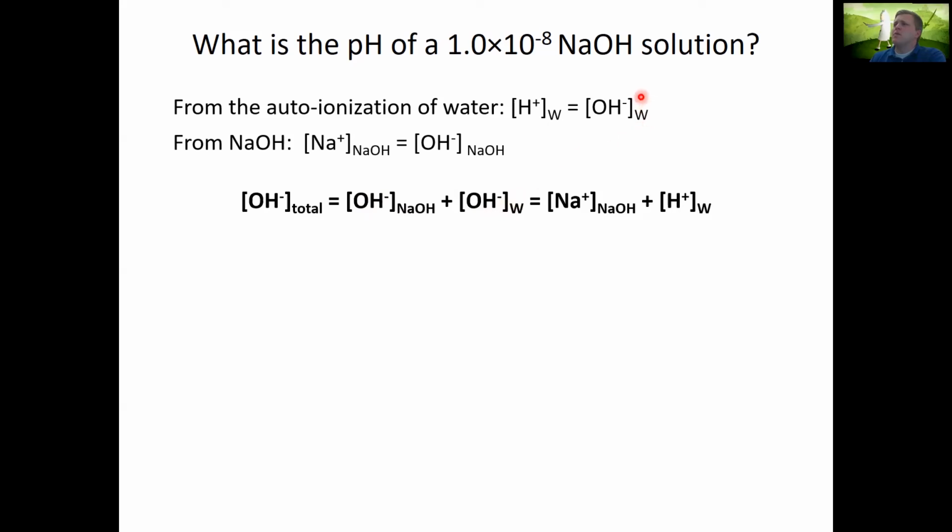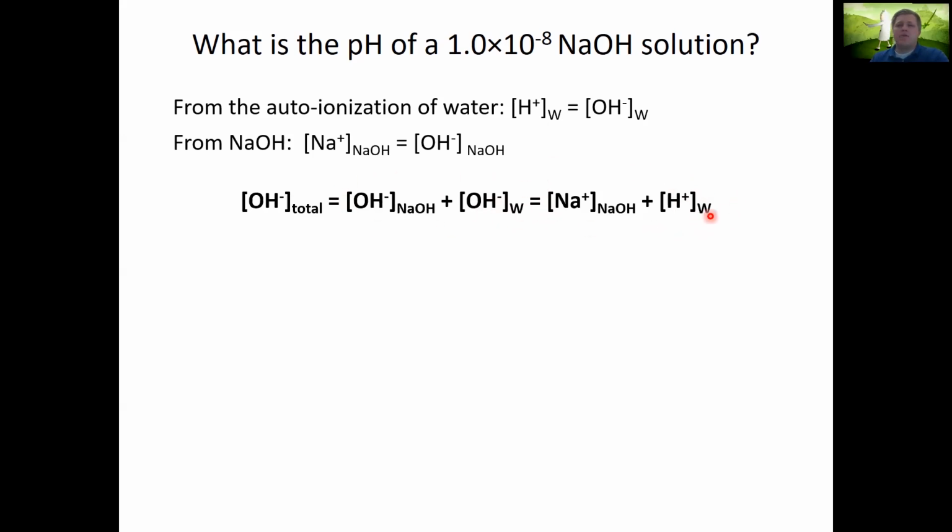We're going to take these relationships and switch from looking at the negative ions to the positive ions. Again, for every mole of sodium hydroxide we add, we're going to get 1 mole of hydroxide, 1 mole of sodium, and so their concentrations are equal. And again, every time water autoionizes, we get one hydroxide and one proton. So we can simply say that these concentrations are equal to these concentrations.